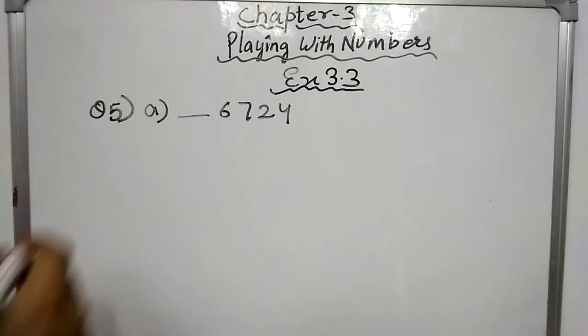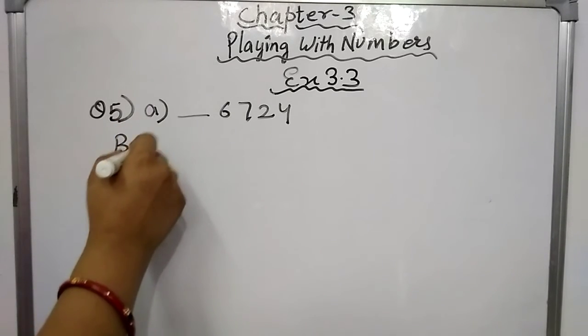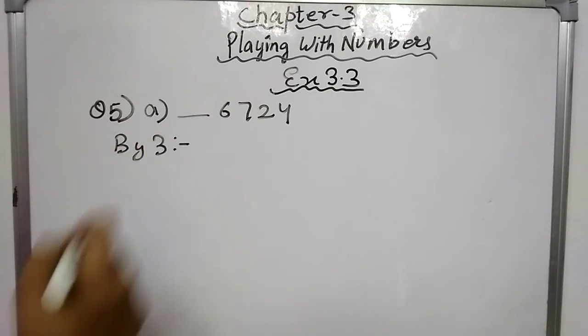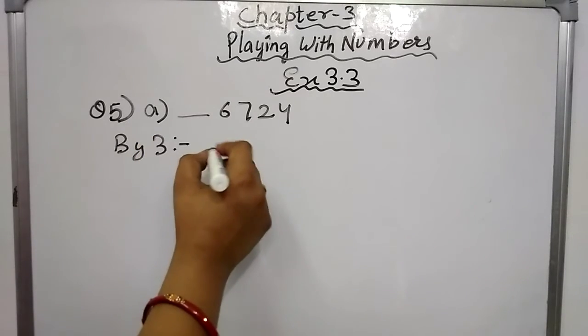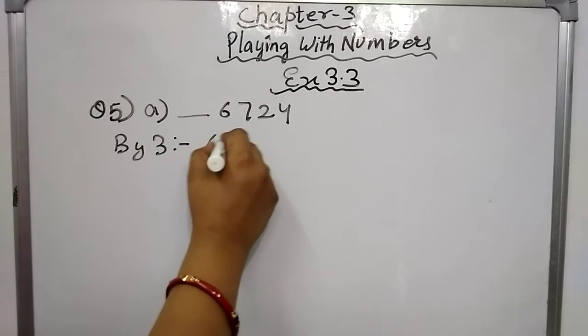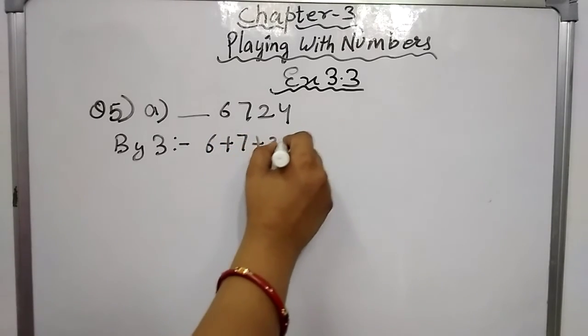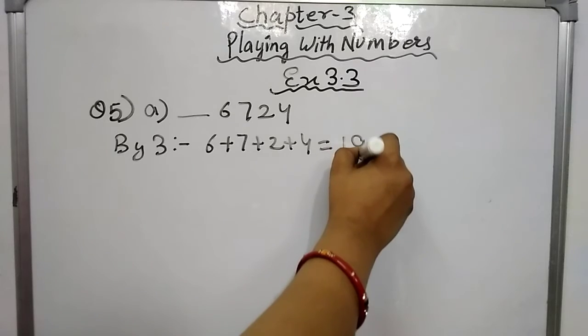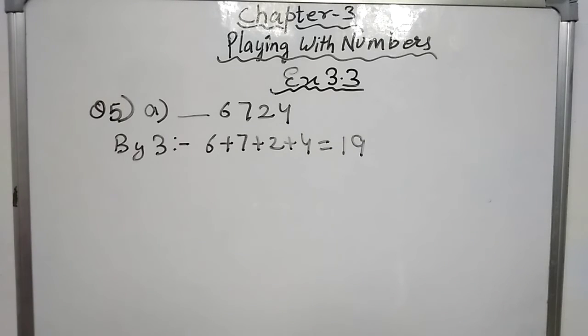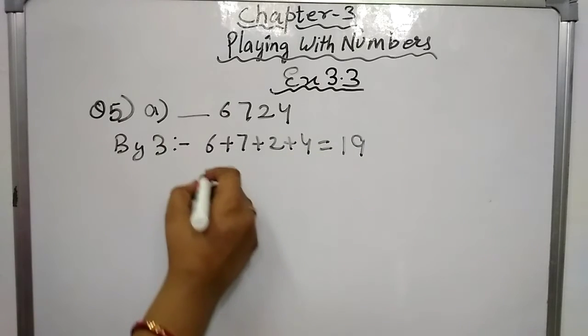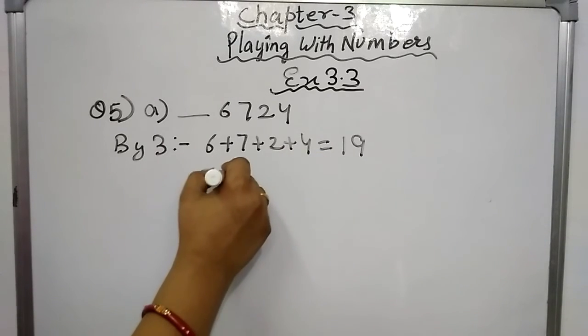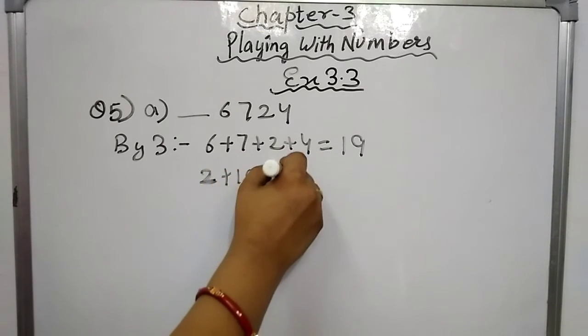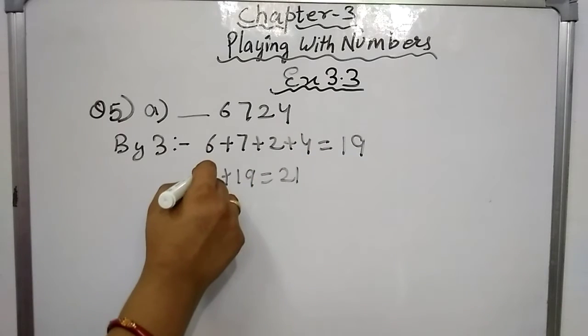The test of divisibility by 3 says that the sum of all the digits should be divisible by 3. So if I add 6 plus 7 plus 2 plus 4, this gives us a sum of 19. Now 19 is not divisible by 3, but if I add 2 to this 19, it will become 21.